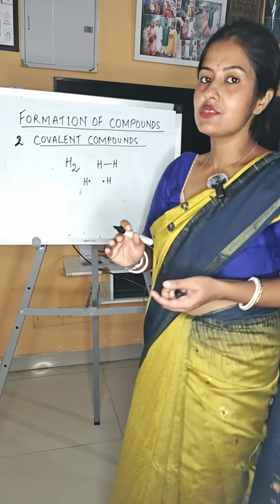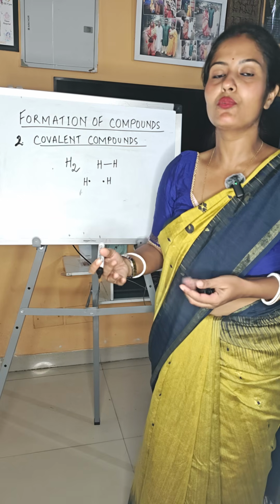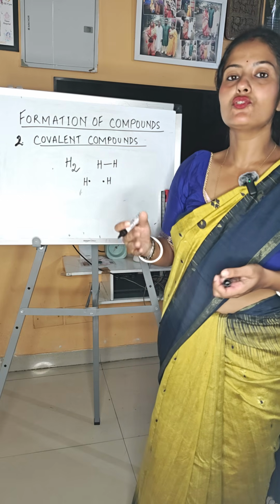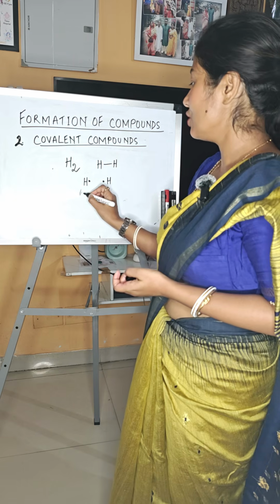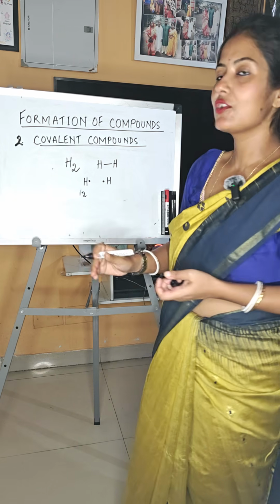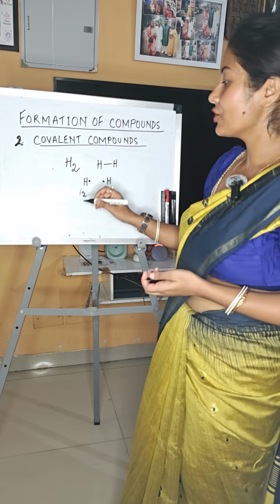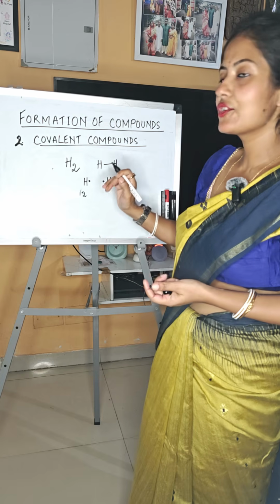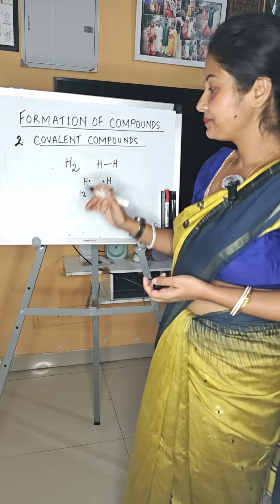Now, hydrogen has a tendency to achieve the electronic configuration of the nearest noble gas, which is helium. That means it has a tendency to accept one more electron to attain the configuration of 2, that of the nearest noble gas helium. So, it is in search of a species who can either donate one electron or share one electron.